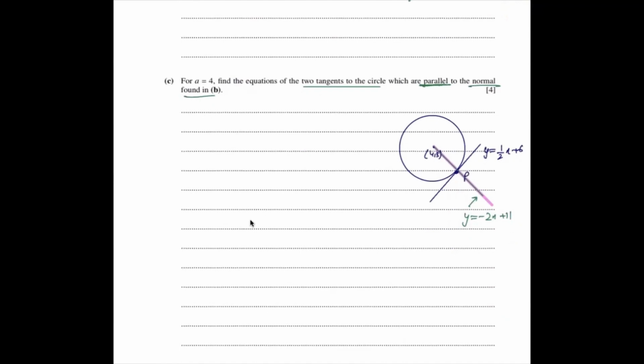Parallel means that they will have the same gradient. So the gradient for both the tangents is going to be -2. But we need to find the equation of the two tangents. Any suggestions?